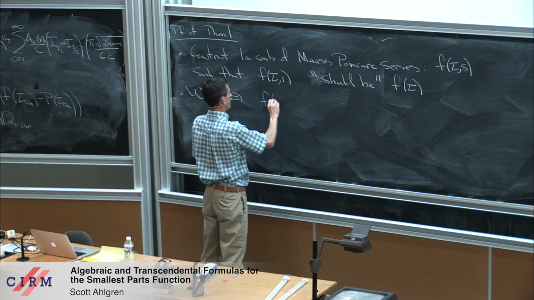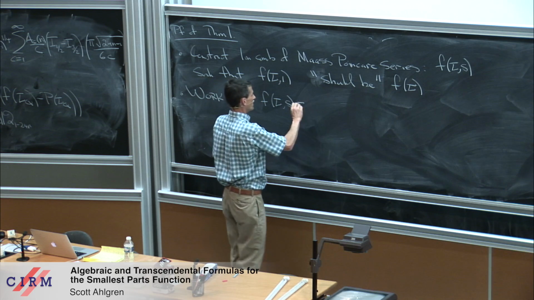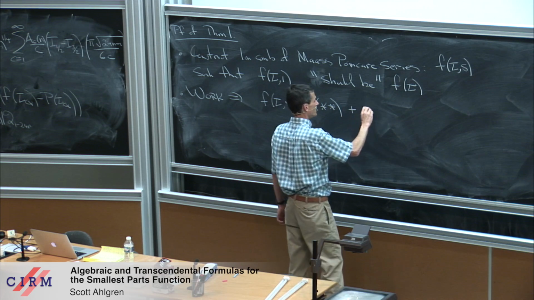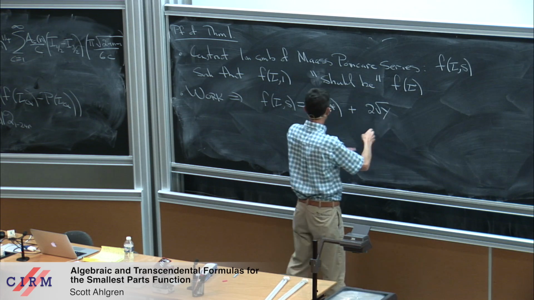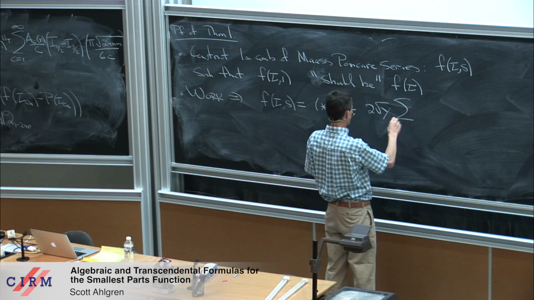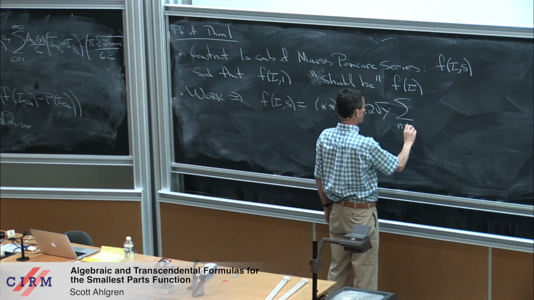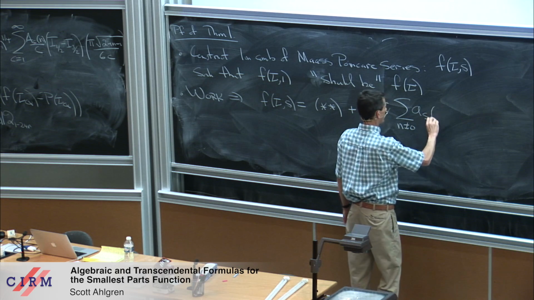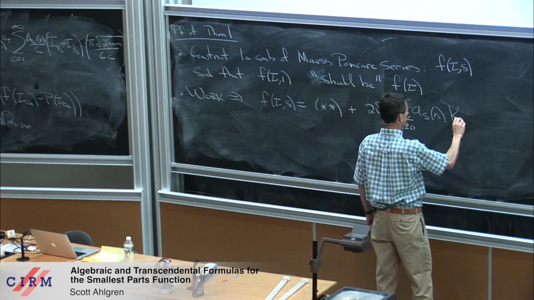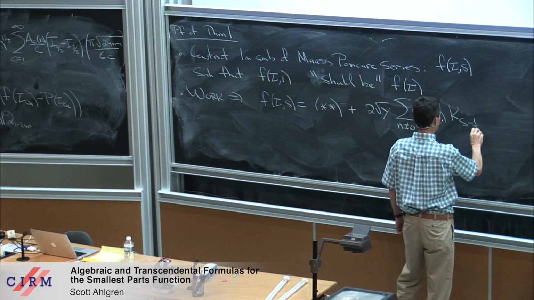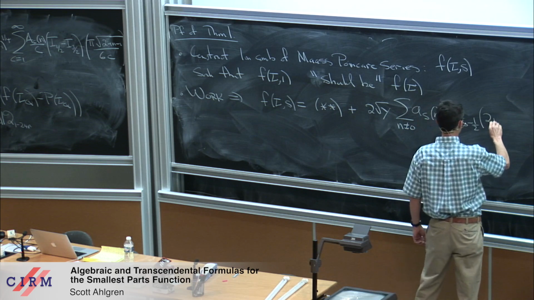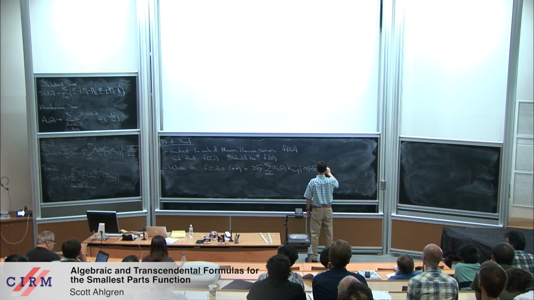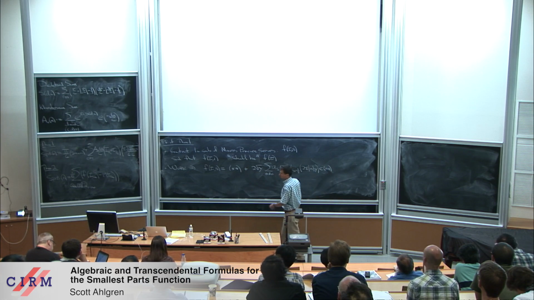For f of tau s, there are some terms I don't want to talk about, and then it comes out as 2 root y times a sum over non-zero n of coefficients a_s of n, times a K-Bessel function, K_{s-1/2} of 2 pi absolute value of n and y, times e of nx.